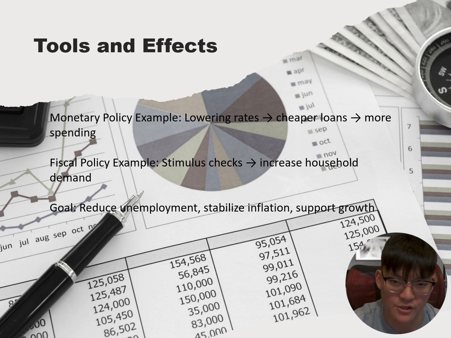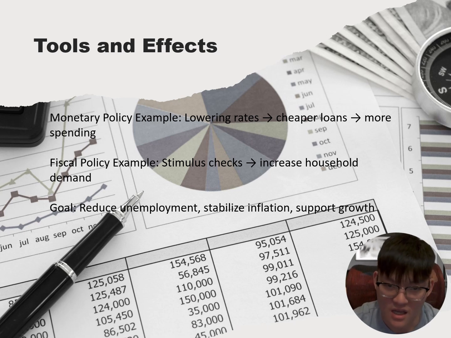For example, during the COVID-19 pandemic, the Federal Reserve dropped interest rates close to zero and purchased government bonds to keep credit flowing. That is an example of expansionary monetary policy. At the same time, Congress passed several stimulus checks that provided direct payments to households, a classic case of expansionary fiscal policy.